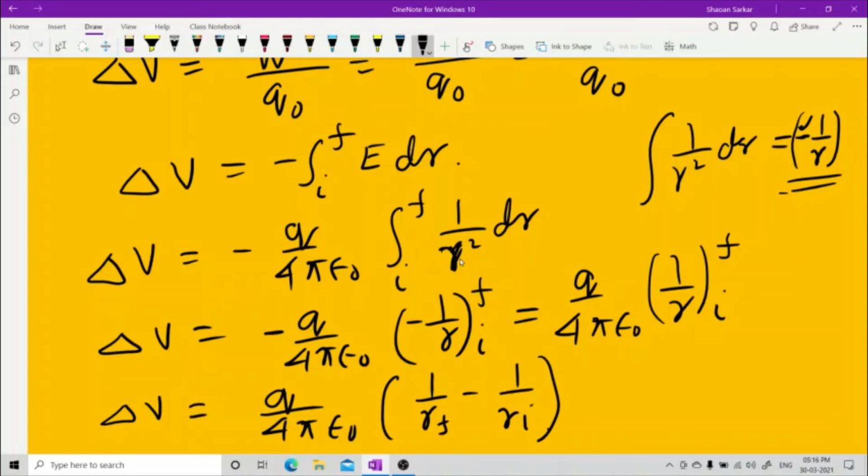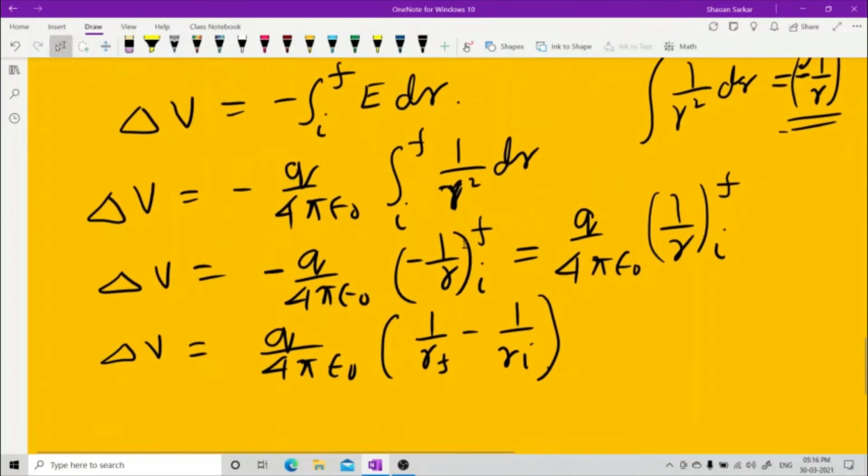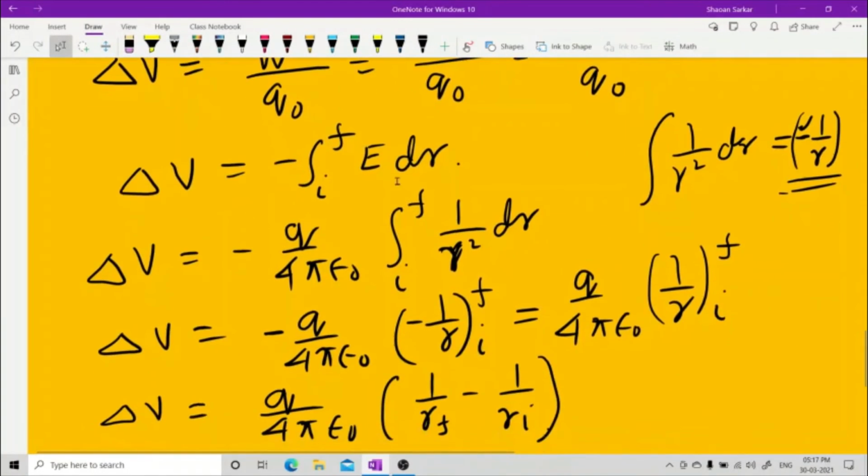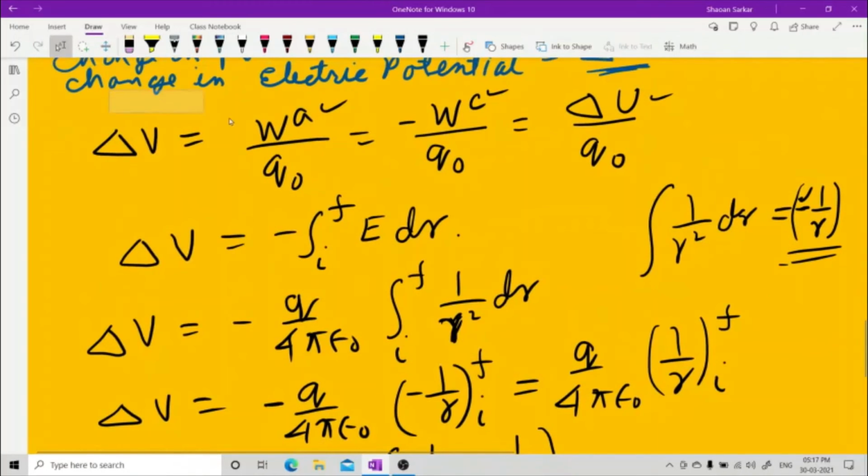And if you want to find the potential energy, that is very simple. You can use this relation, this relation is sufficient. If you use this and this concept, you are done, because you have already found delta V. Now you need to find delta U, that is the potential energy.